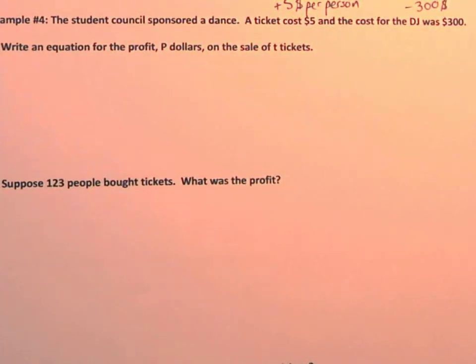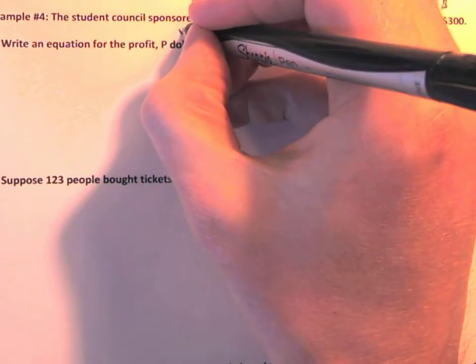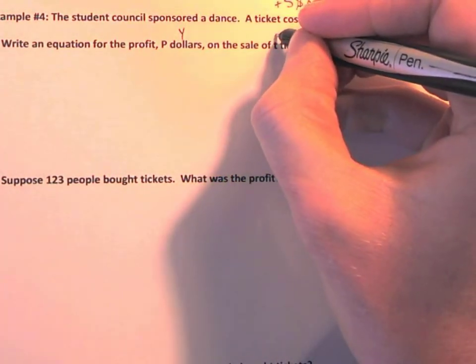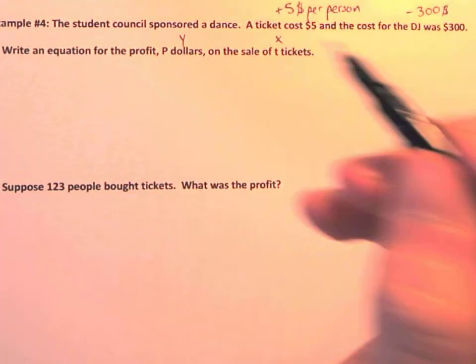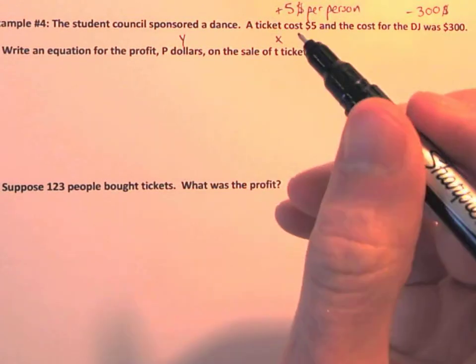Write an equation for the profit P dollars on the sale of T tickets. Okay, so we want an equation where P really is your y for the sale of x tickets. So P really means y and T really means x. So we know we need to find an equation, and we know we're doing linear equations right now.